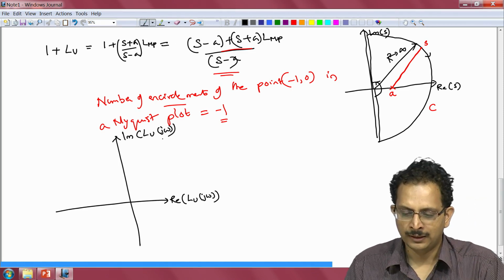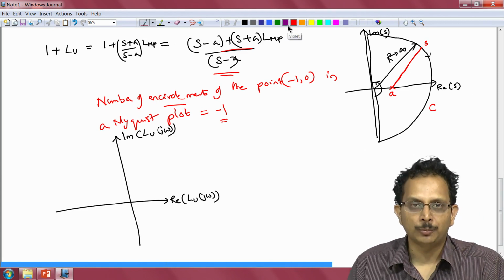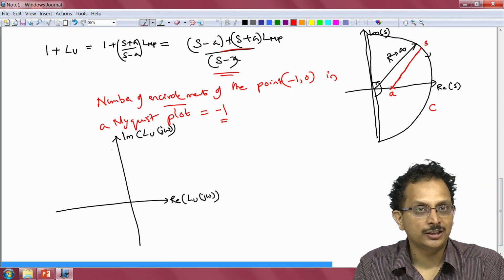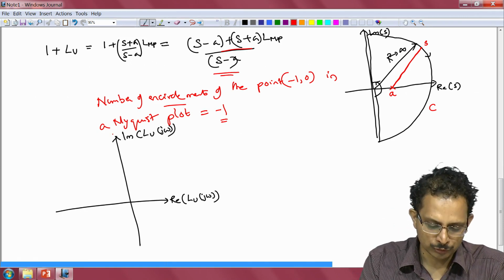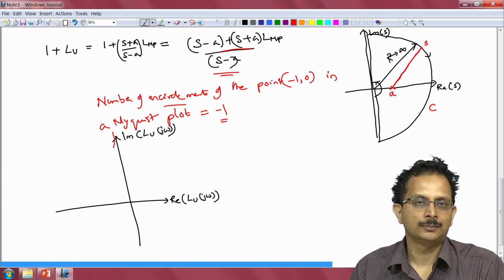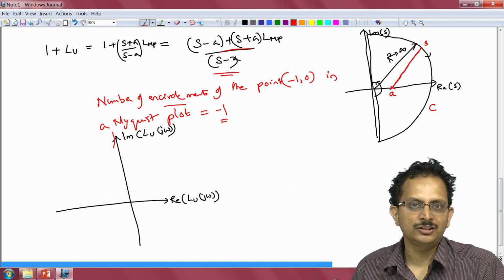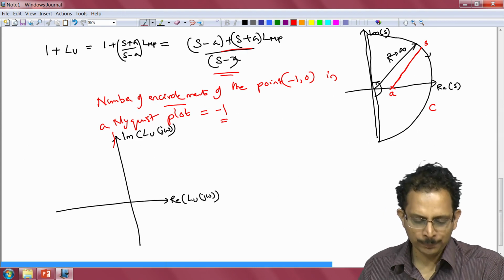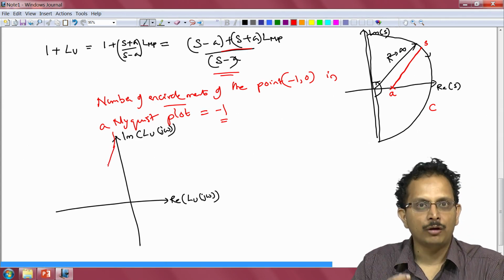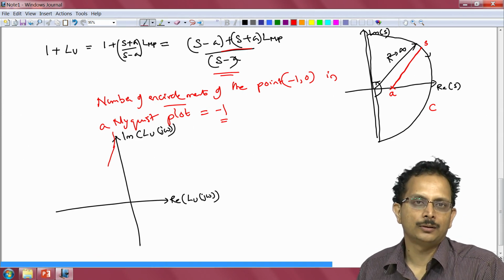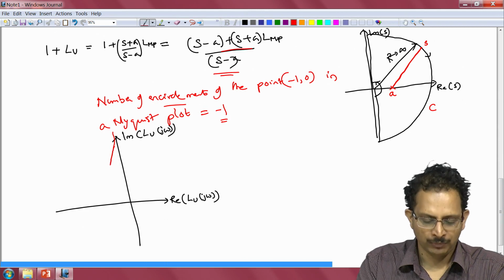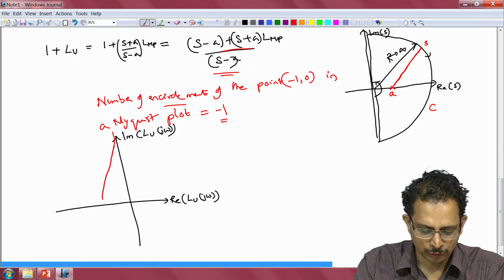We note that when omega is very small, the phase of Lu starts at close to minus 3 pi by 2, so it will be somewhere here. This is the location where the Nyquist plot starts, in the neighborhood of omega equal to 0, and then as omega increases the gain of the open loop system will start to reduce, and then there will be one frequency at which the phase crosses over.